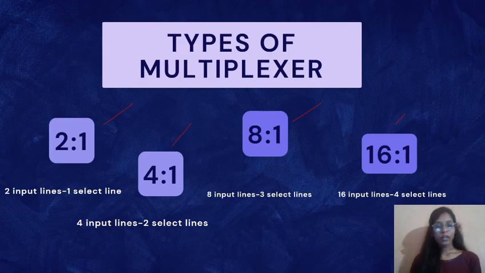In a 2 to 1 mux, there is 1 select line. In a 4 to 1 mux, 4 input lines, 2 select lines and 1 output line. In 8 to 1, 8 input lines, 1 output line and 3 select lines. And in 16 to 1, 16 input lines, 1 output line and 4 select lines. These are the types of multiplexers, and in today's session we are going to see the 4 to 1 multiplexer.